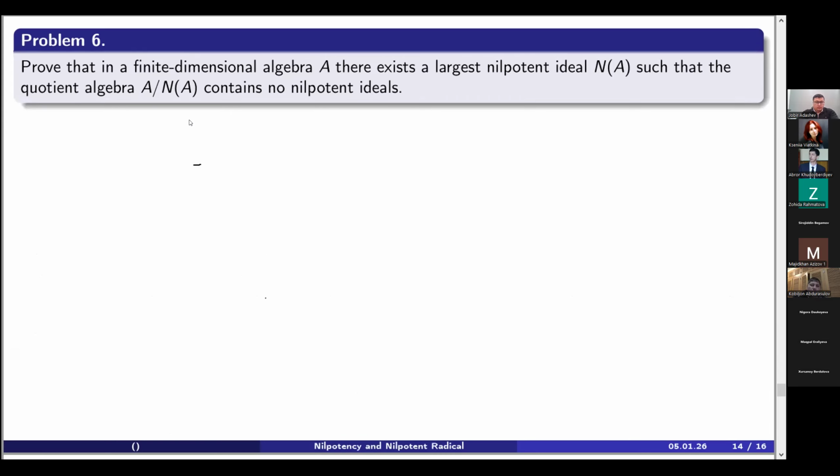Prove that in a finite dimensional algebra A, there exists a largest nilpotent ideal in A such that the quotient algebra contains no nilpotent ideals.